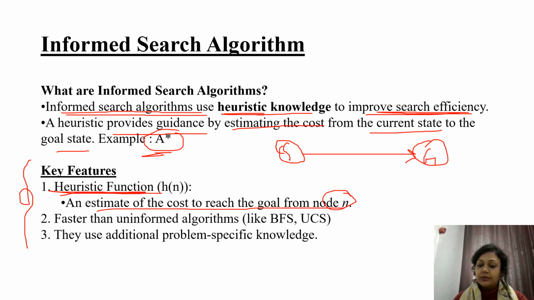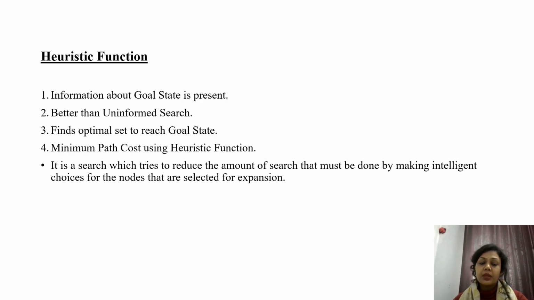Let's see further. Now, what is a heuristic function? In an informed search algorithm, we are given information about the goal state, whereas in an uninformed search algorithm, we have no information about what the goal node is. Suppose we have a starting state and we have to go to a goal node.